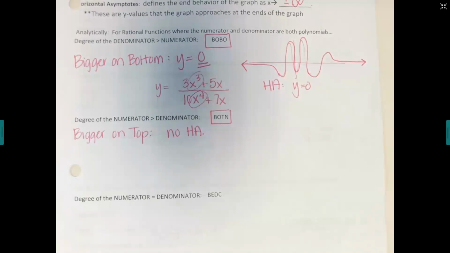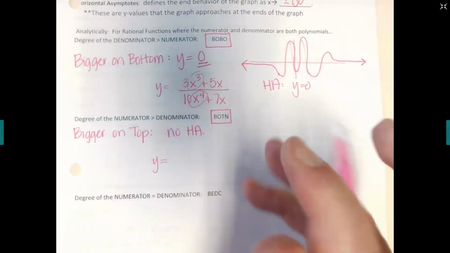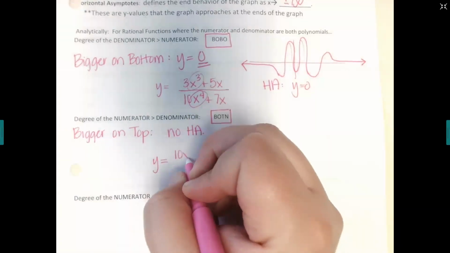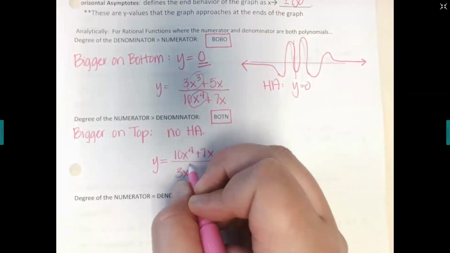Now, if your graph isn't approaching 0, that just means it's going up or down. That's what no asymptotes would look like. So I'm going to take this exact same equation, but I'm going to flip it so that now the x4 is on top and the x3 is on bottom. It'd be 10x4 over 3x3.